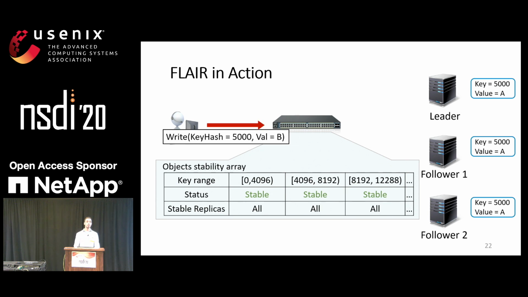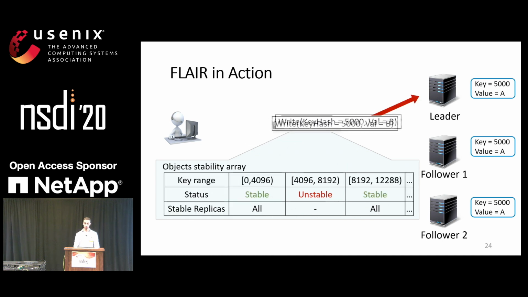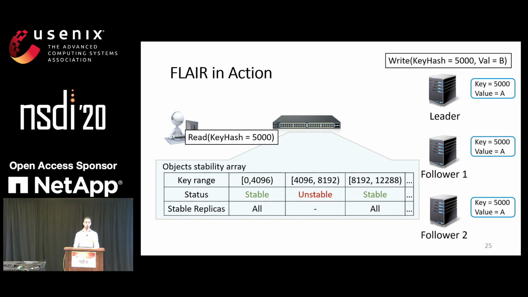Now, let's assume that the client needs to change the value from A to B. The switch will mark this key range as unstable and will forward the write request to the leader. And now let's assume that before the leader, for example, starts processing this write request, another read request arrives at the switch.